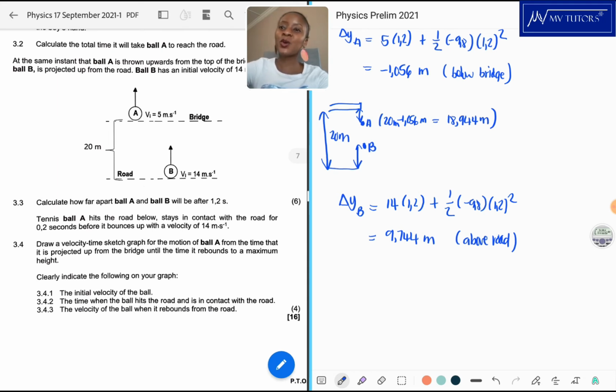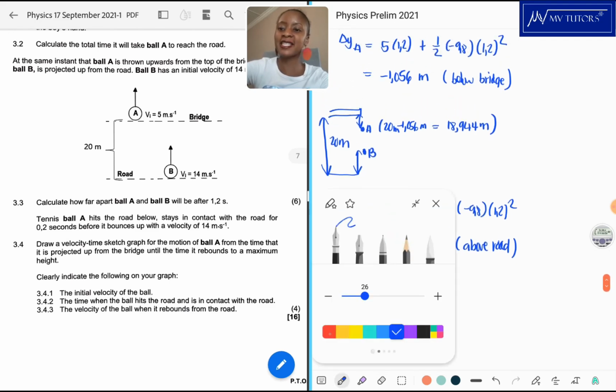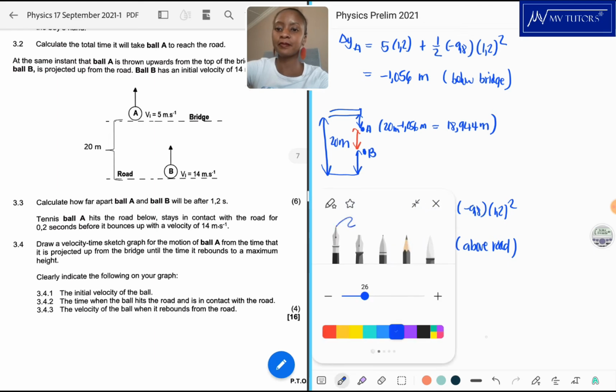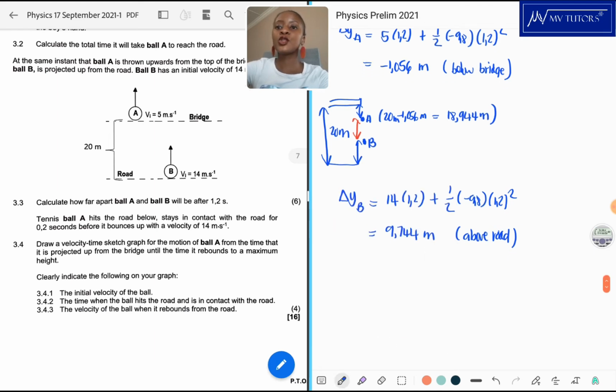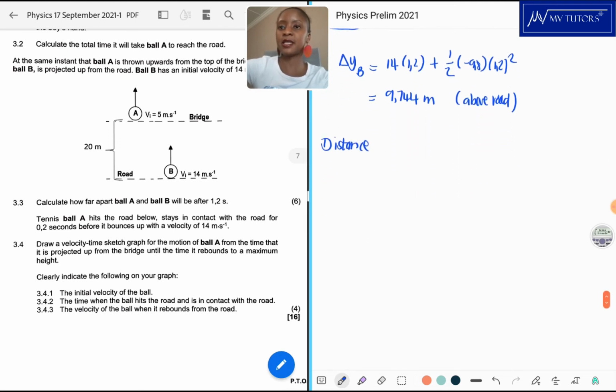So we want to actually get this distance in between ball A and B. How far apart, right? Okay, so we're actually going to have, let's say, distance between A and B.